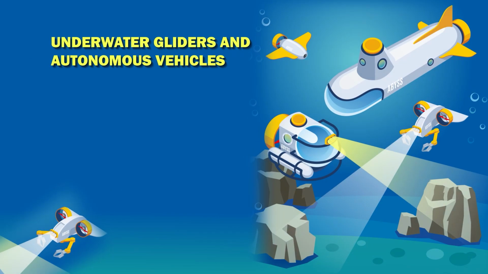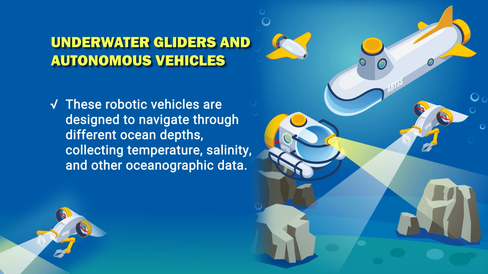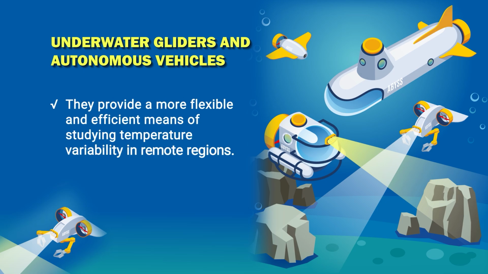We have now underwater gliders and autonomous vehicles. These are robotic vehicles designed to navigate through different ocean depths, collecting temperature, salinity, and other oceanographic data. They provide a more flexible and efficient means of studying temperature variability in remote regions.